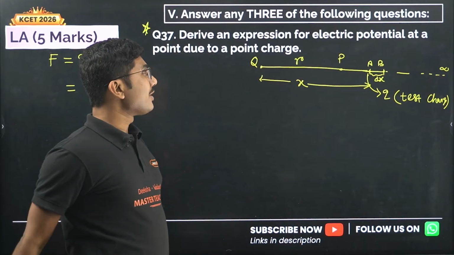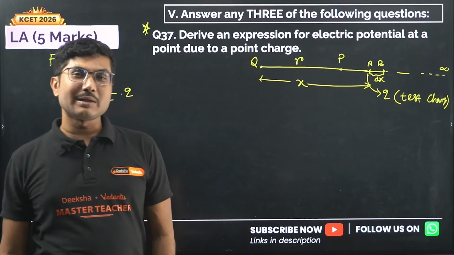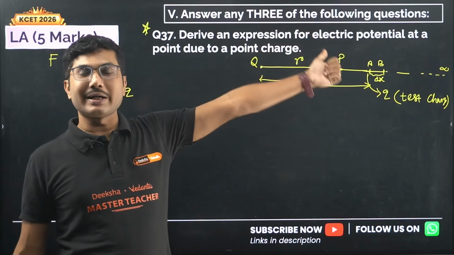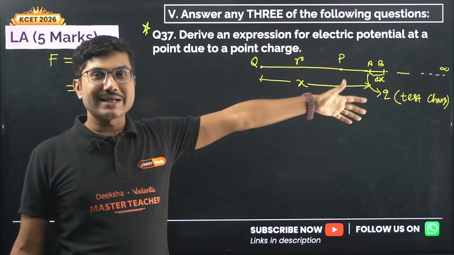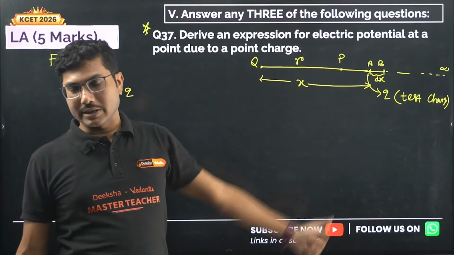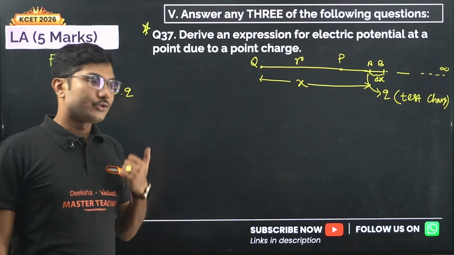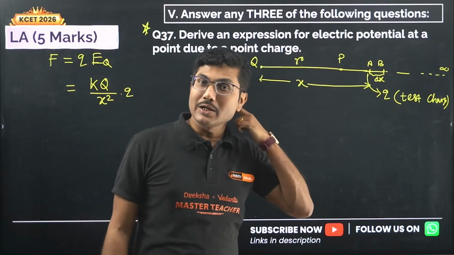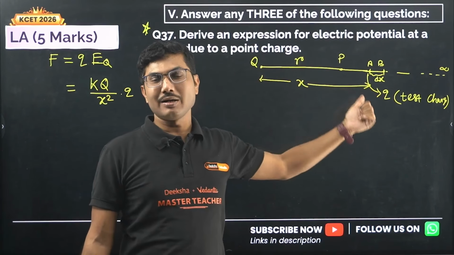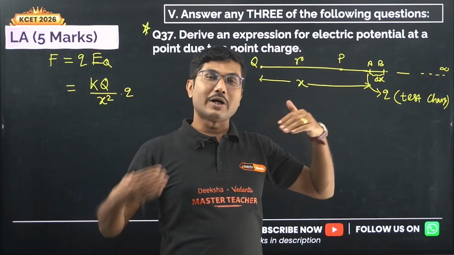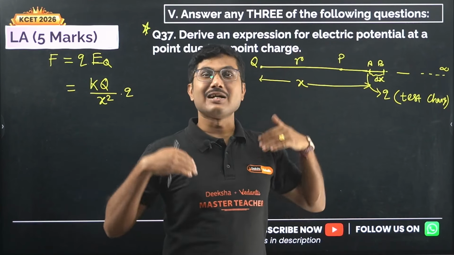Now when you are talking about electric potential, it means the work done to bring a test charge. Now who will do that work? Whenever in physics we say work done to bring something, that means work is being done by us, by some external force.